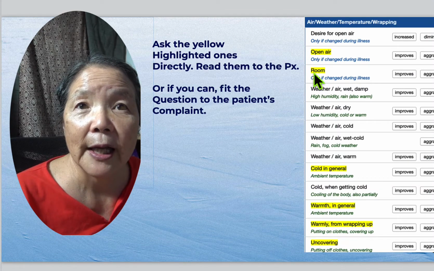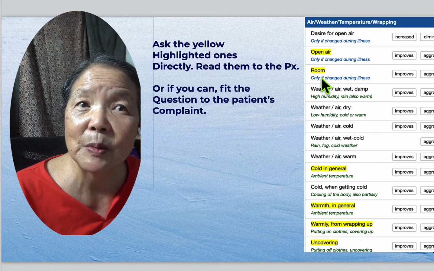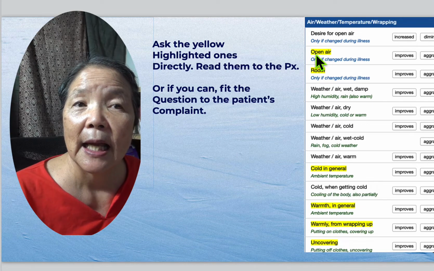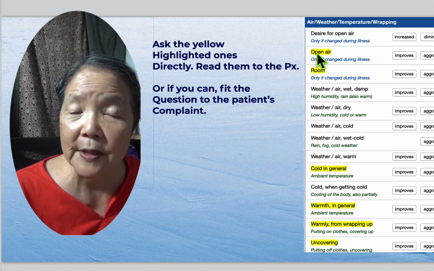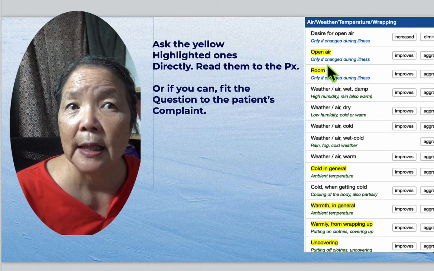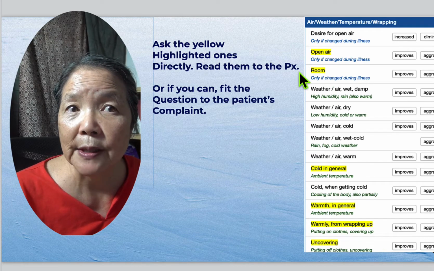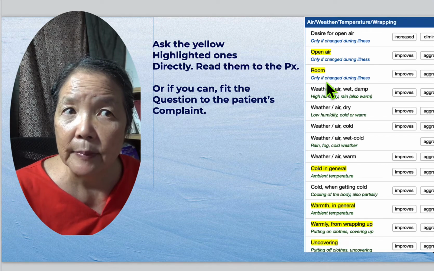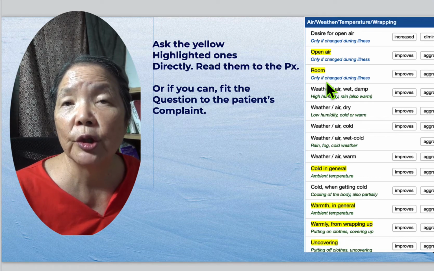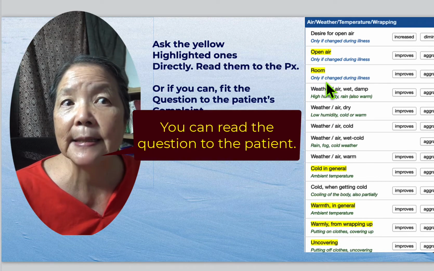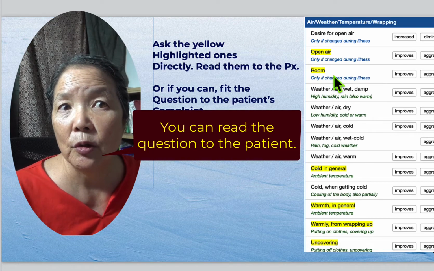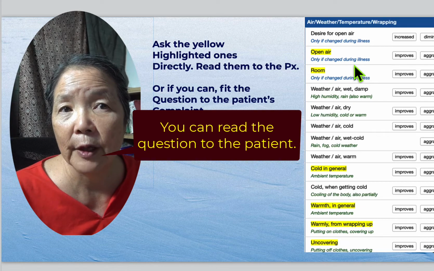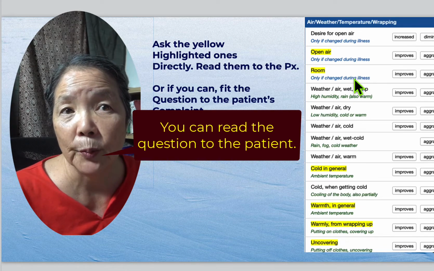Dr. Fry has used his own experience, and if you open up the software, you will see that these rubrics here, these symptoms here, are highlighted in yellow. It means that you should directly ask the patient. You could even read the question to the patient if you need to.